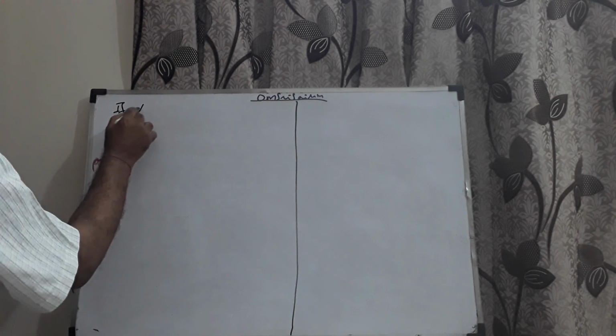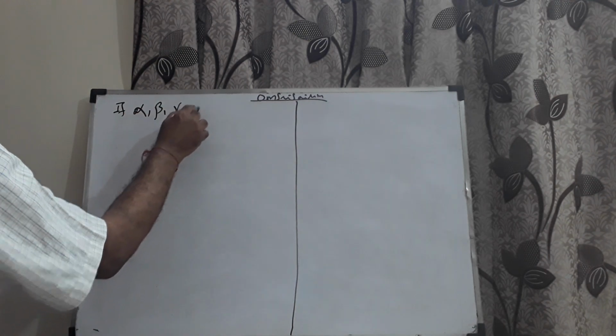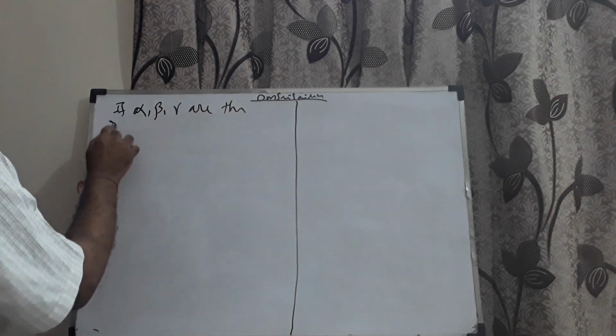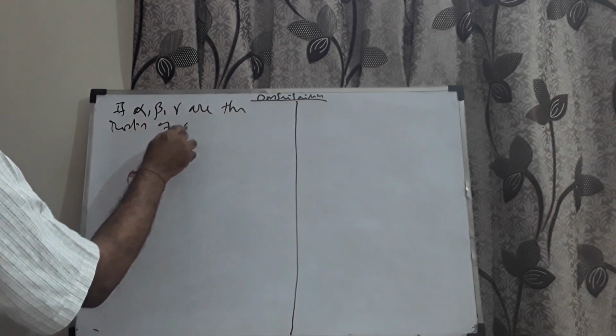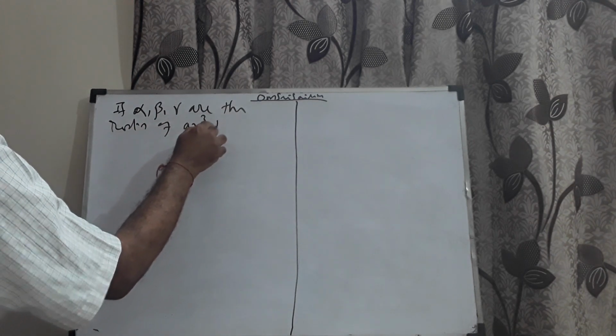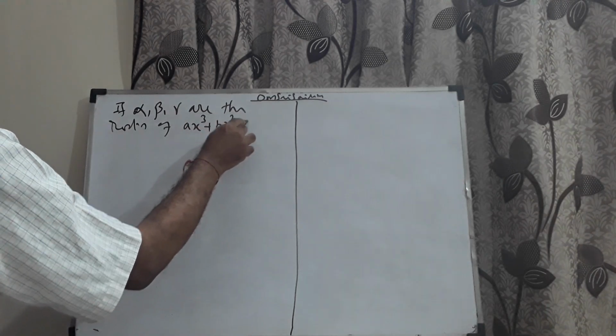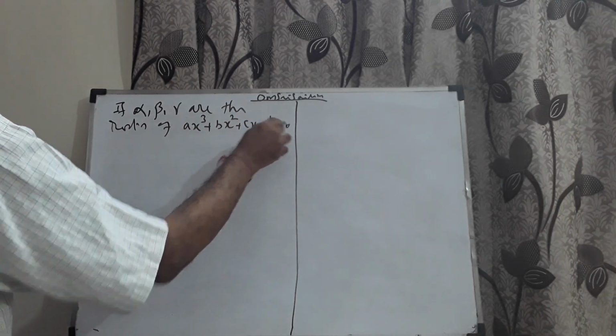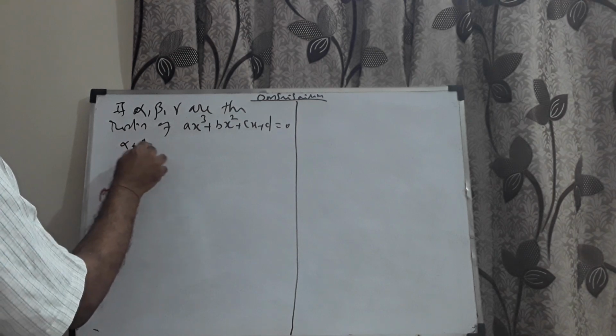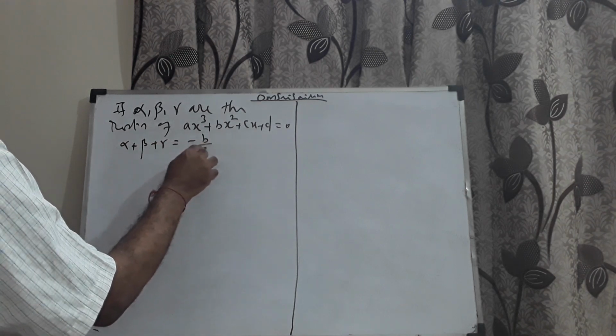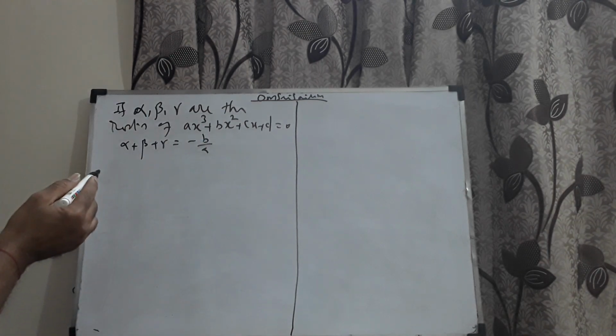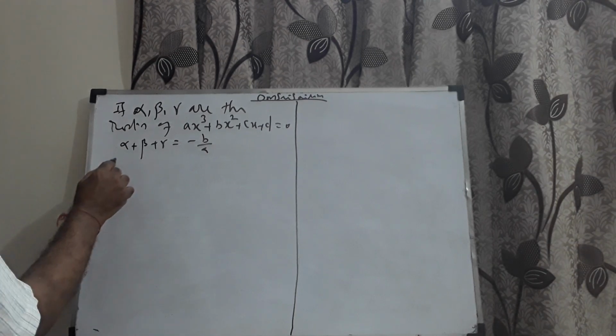If alpha, beta, gamma are the roots of the cubic equation ax cube plus bx square plus cx plus d is equal to 0, I have to just recall alpha plus beta plus gamma is minus coefficient of x square by coefficient of x cube.